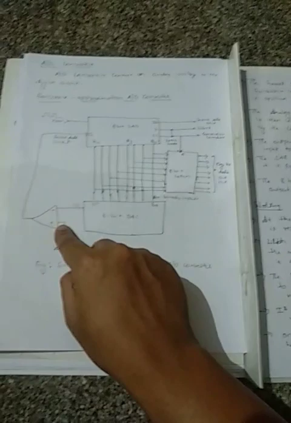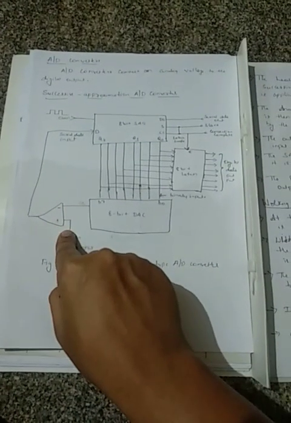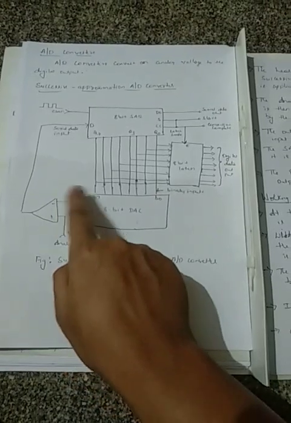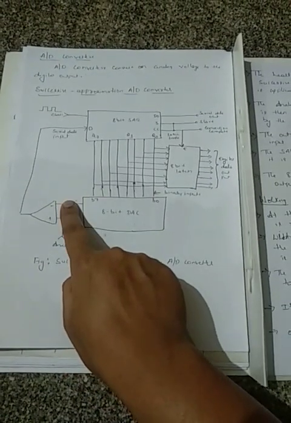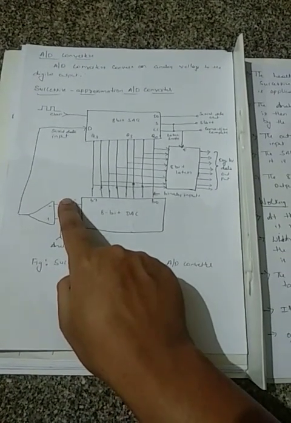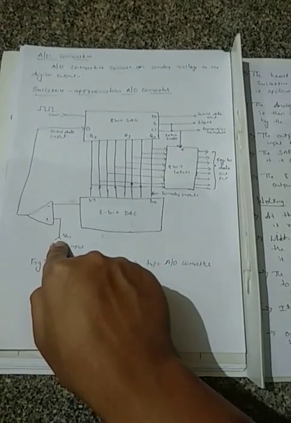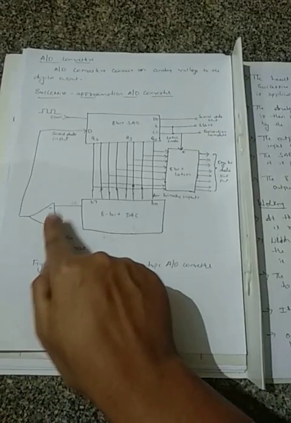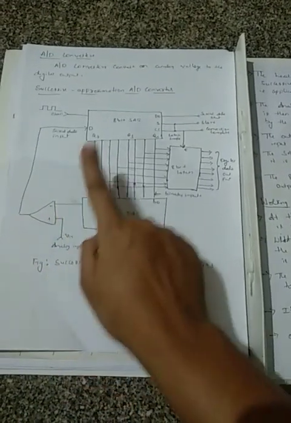Now the two inputs to the comparator are analog. If the DAC output is greater than Vin, in other words if Vin is less than the DAC output, Q7 will be reset.